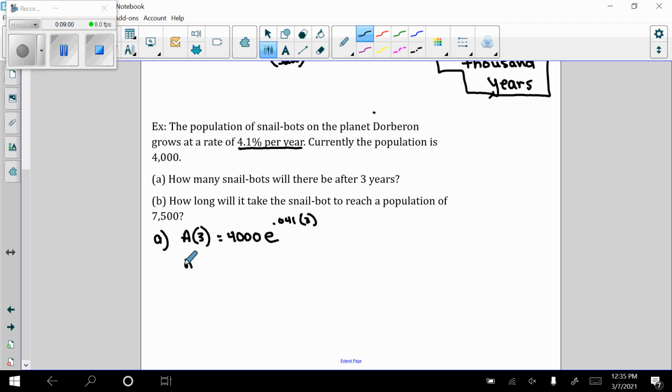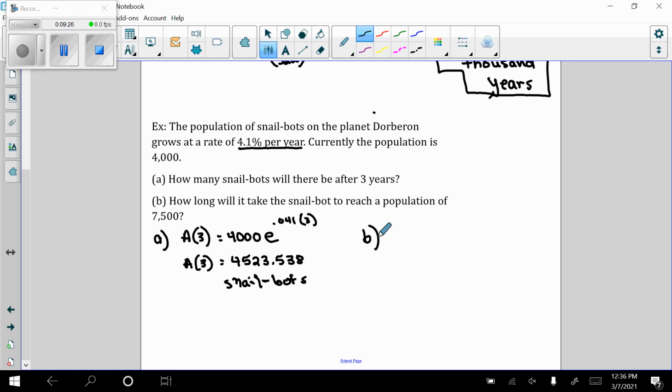So A sub 3, if you calculate it correctly, is 4,523.538 snail bots. I'll leave it as a decimal.